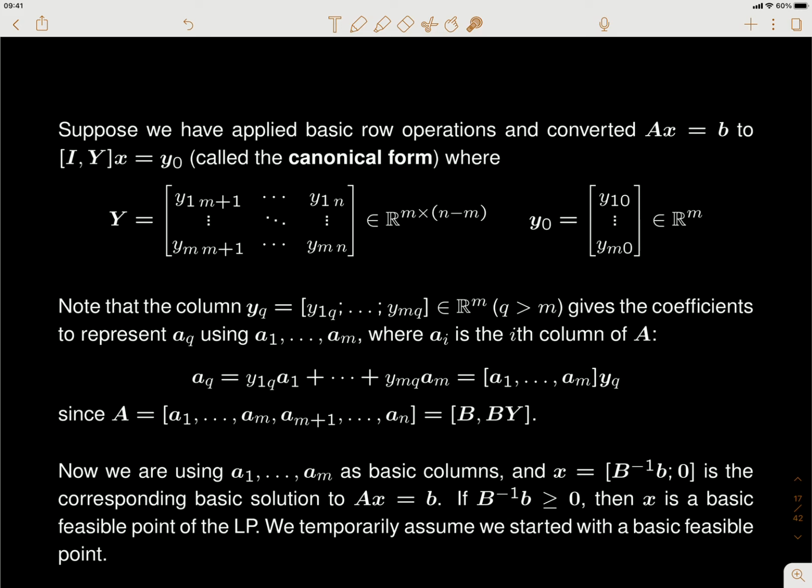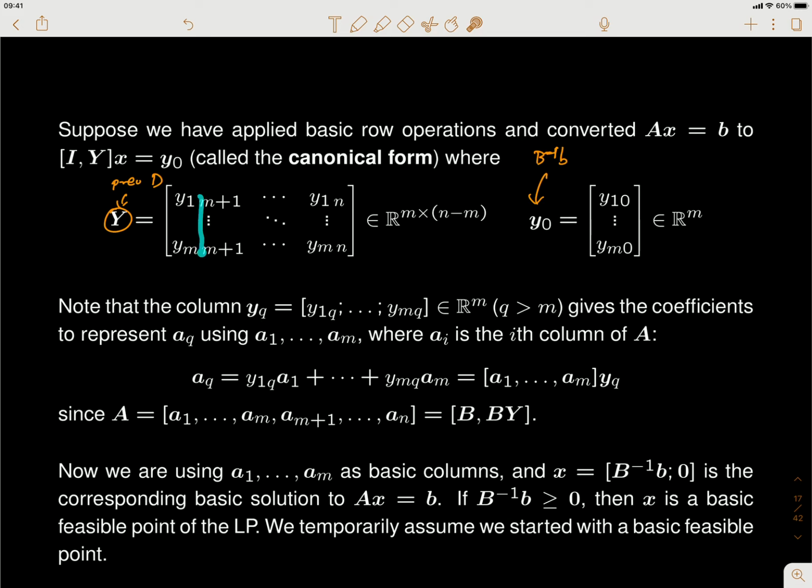And this y0 is the B inverse times b. And this Y was previously called the D. Okay. And this is just repeating what I just said. Take the qth column, for example, the m plus 1 column here.